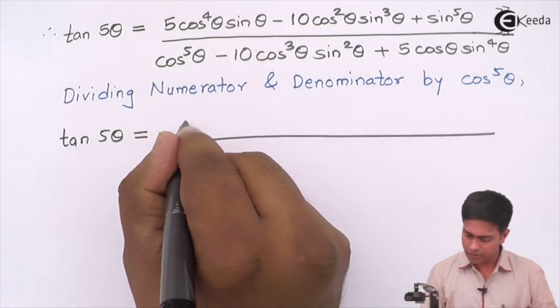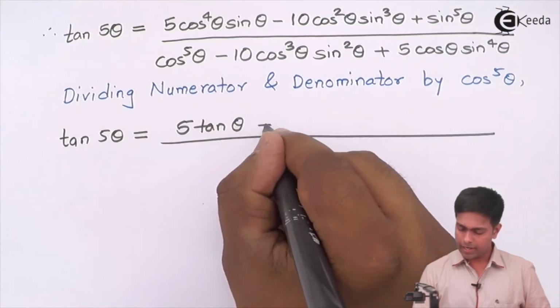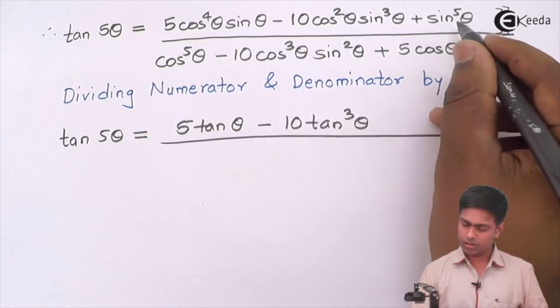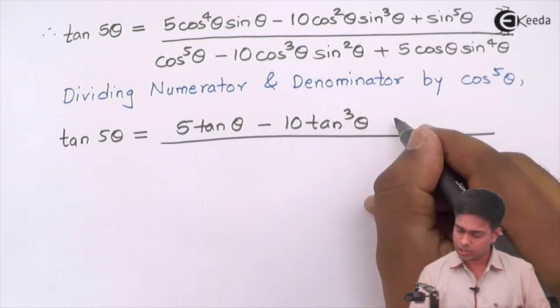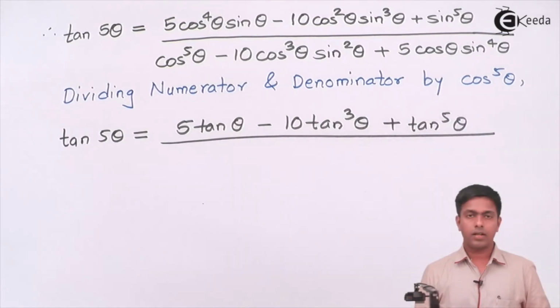so this will become 5 tan theta minus 10 tan cube theta. Here sin raised to 5 upon cos raised to 5 will be tan raised to 5 theta.